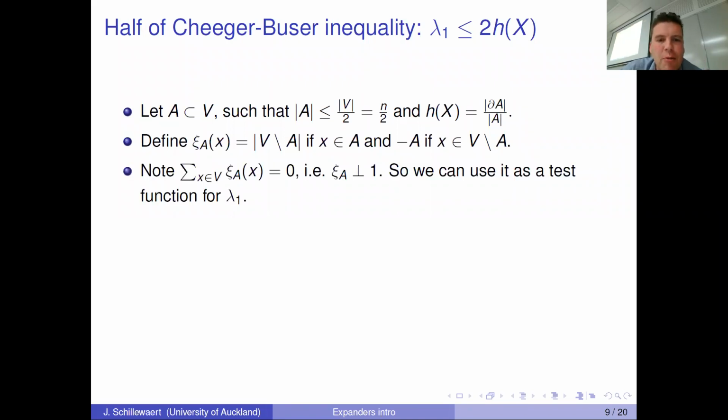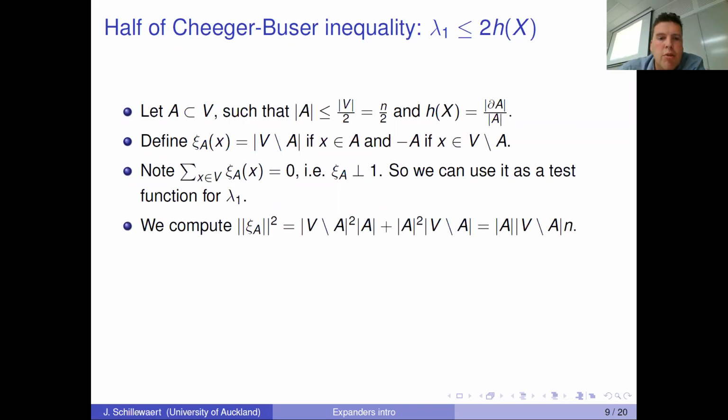Of course it is, because you have A vertices for which you get V minus A, and you have V minus A vertices for minus A, so it cancels out. So you're allowed to use it as a so-called test function for lambda 1. What that means is we can compute the value of this expression that we had there, and lambda 1 will be no more than this, because lambda 1 was the infimum over everything. So if I can compute the value here, and if that value is at most 2 times h of x, then I will be done.